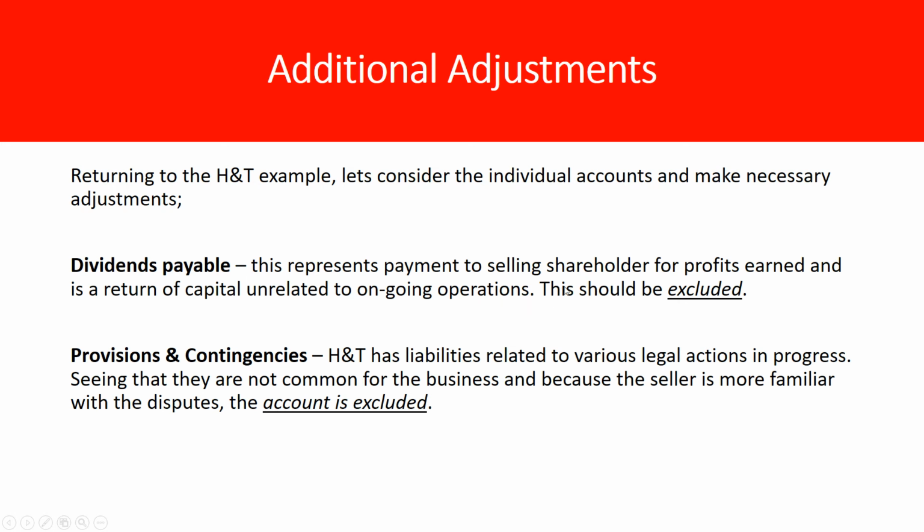Therefore, it would not make sense to include this current liability in the net working capital calculation. So we should exclude this account. Another example is provisions and contingencies. H&T has liabilities related to various legal actions in progress. Seeing that they are not common for the business, and because the seller is more familiar with these disputes, this account should also be excluded.